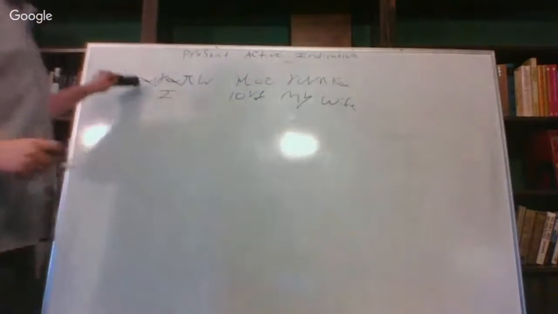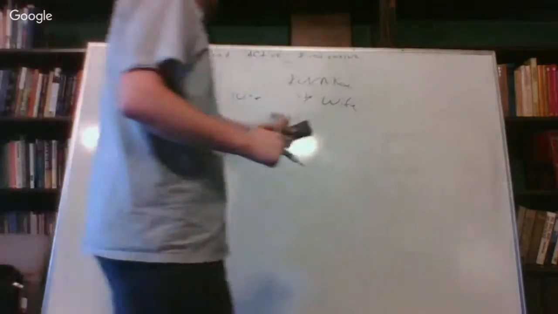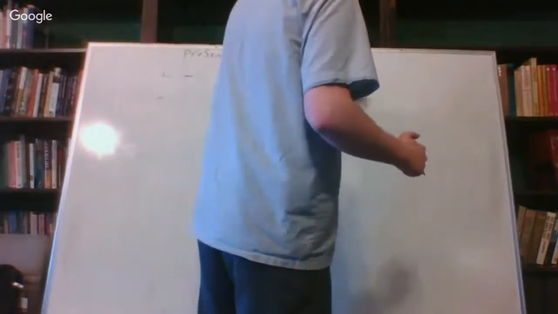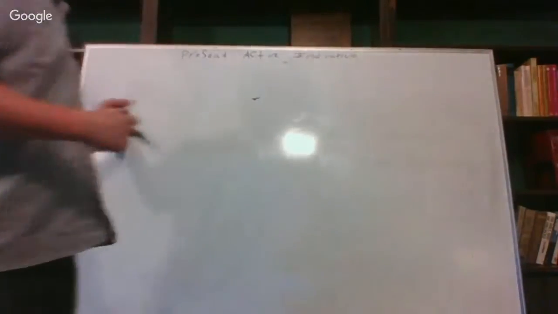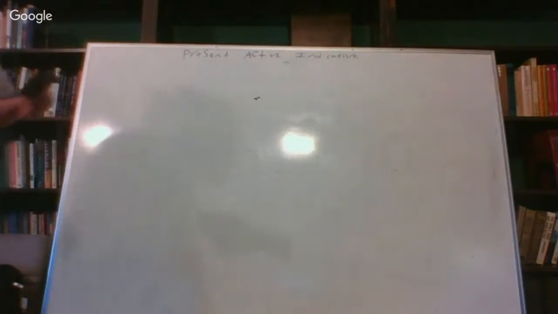So in this case, agapo is carrying the subject of the sentence. Sometimes you'll find that the verb doesn't carry the subject. That's perfectly fine. That's what we've gotten used to with nouns, where you have a clear noun which carries the subject.